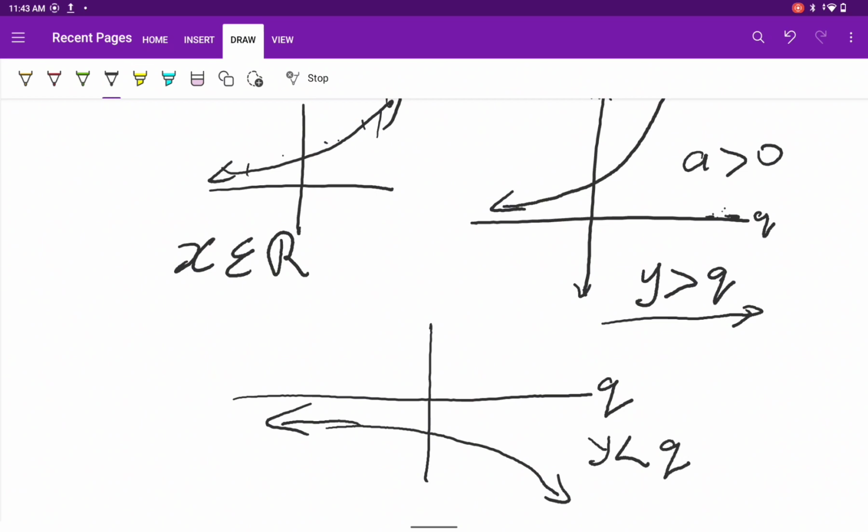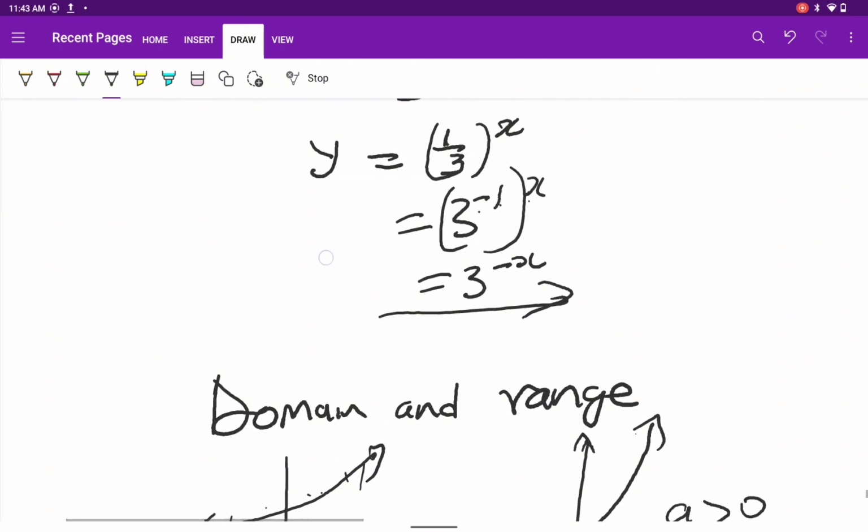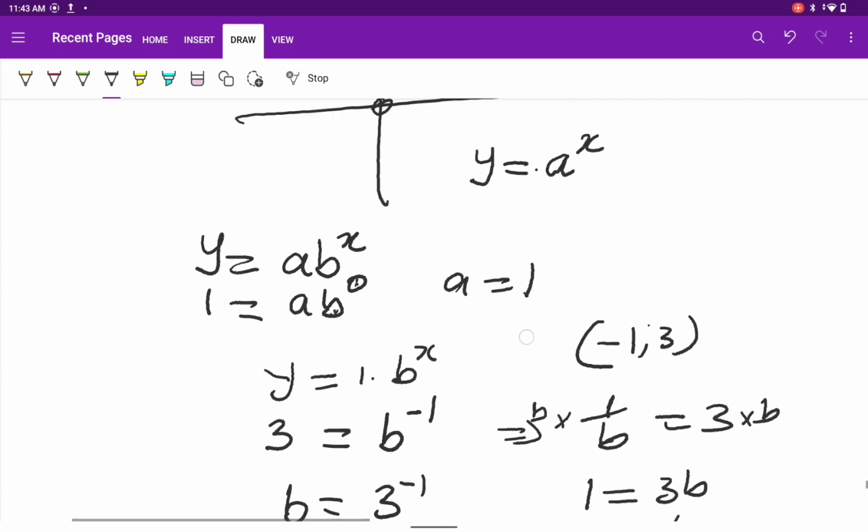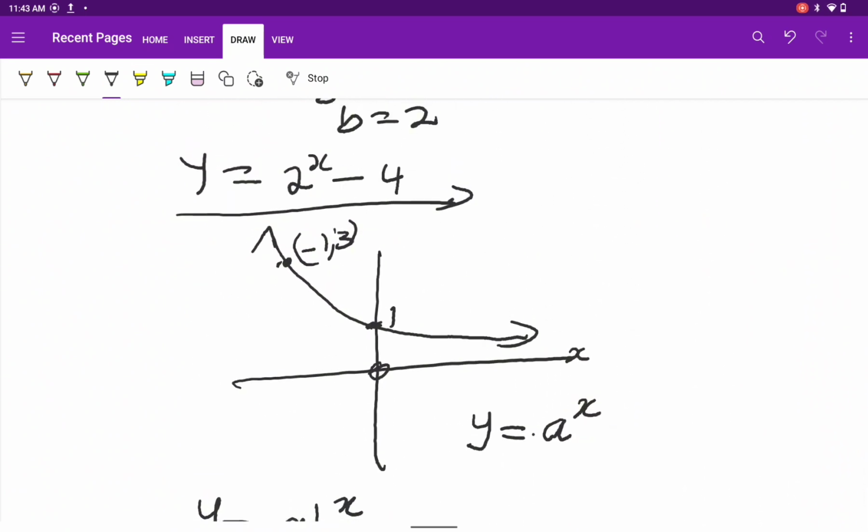So in our two graphs that we have seen, let's look at the domain and the range of the graphs that we have drawn. Let's start with this one. The range of this one, we will simply say y is greater than, because it's drawn above the q line, and in this case the q is 0, so this asymptote is 0.